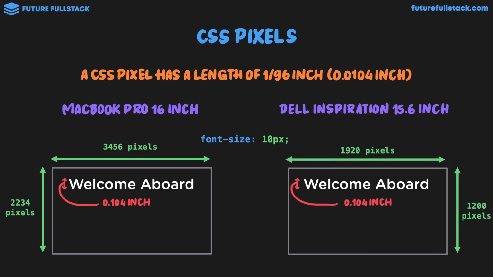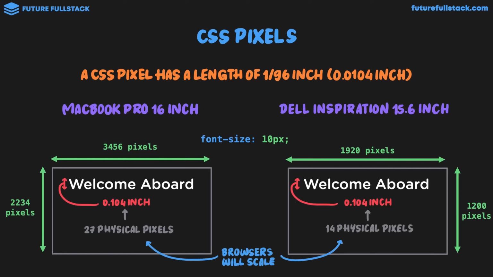Now the difference is that the number of physical pixels actually used between the devices will be different. On our MacBook Pro, 27 physical pixels have been used on the Welcome Aboard text, whereas on our Dell Inspiron, only 14 physical pixels have been used to make this text. To achieve this, browsers will scale the CSS pixels that we set to use the correct number of physical pixels on different screen sizes so that our elements are styled consistently.